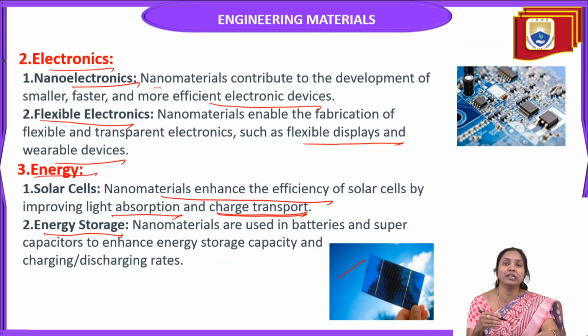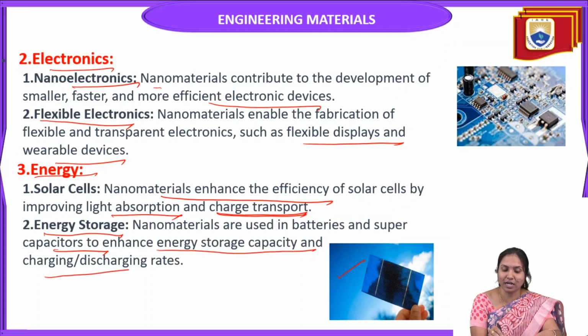These nanomaterials are used in batteries and supercapacitors to enhance the energy storage capacity and charging. When we use these nanomaterials in batteries, it enhances their efficiency and storage capacity, so they are most preferred in energy storage devices.